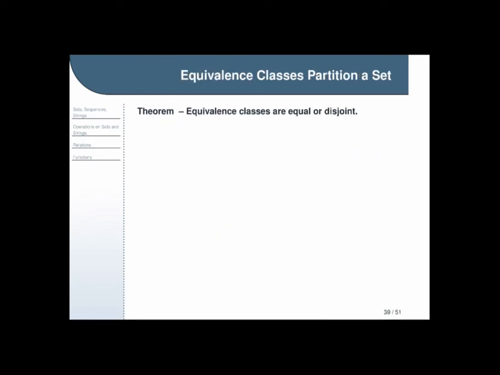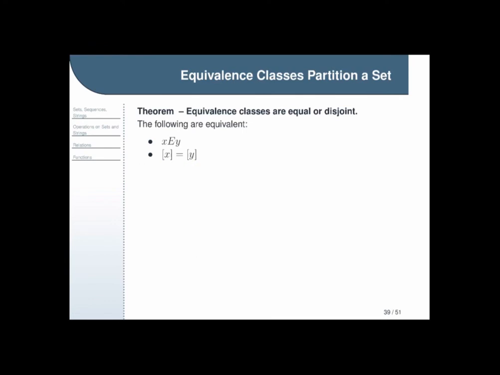The first of these theorems is that equivalence classes are always either equal to each other or disjoint, meaning if we're talking about two equivalence classes, they're either the same class or they have nothing in common at all. And we write this by saying the following three statements are equivalent. When we say x and y are related by the equivalence relation E, we're saying that's the same thing as saying that the equivalence class of x is equal to the equivalence class of y.